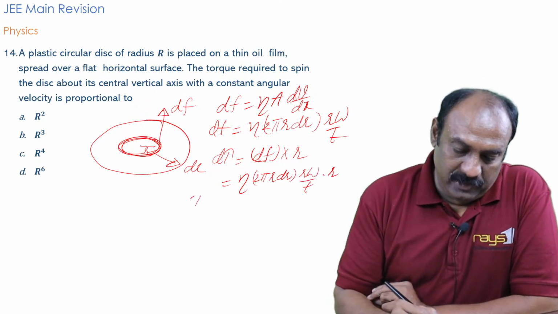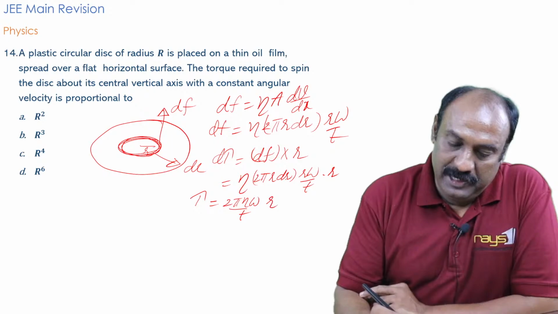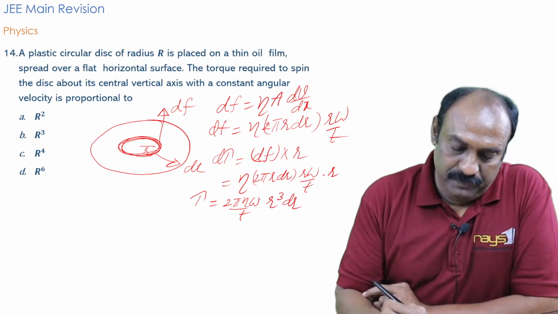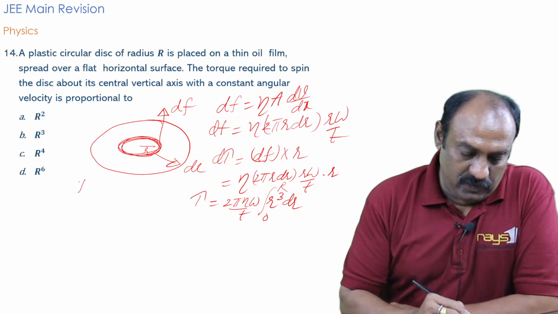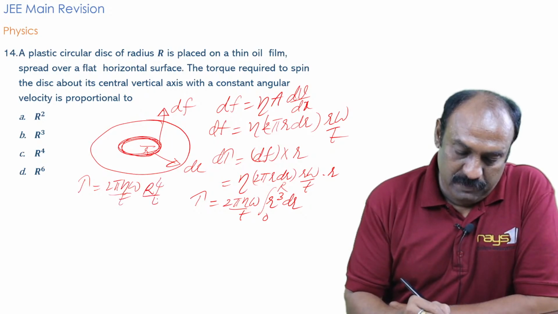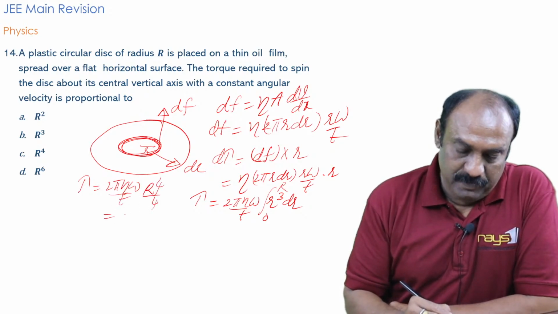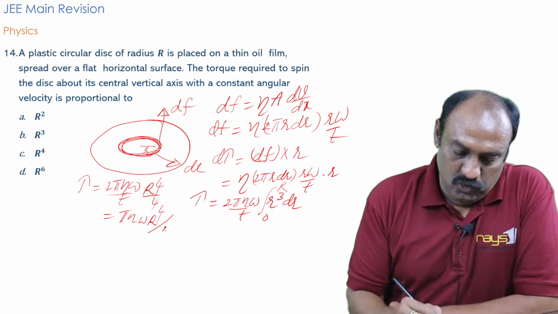So, net torque equals 2 pi eta into omega by t into the integral of r cubed dr, within the limits of integration 0 to r. Therefore, torque is equal to 2 pi eta omega by t into r power 4 by 4, and that is pi eta omega r power 4 by 2t.